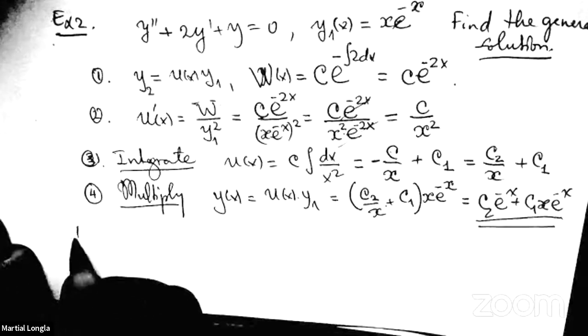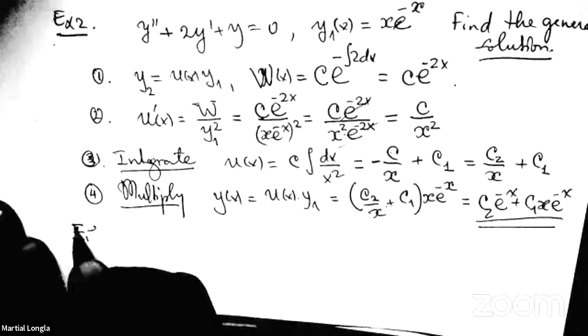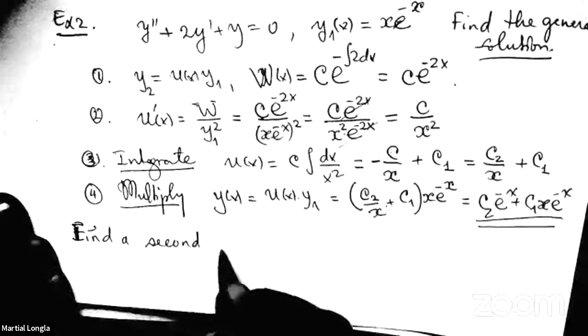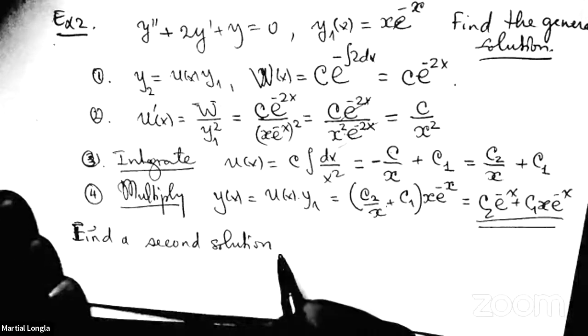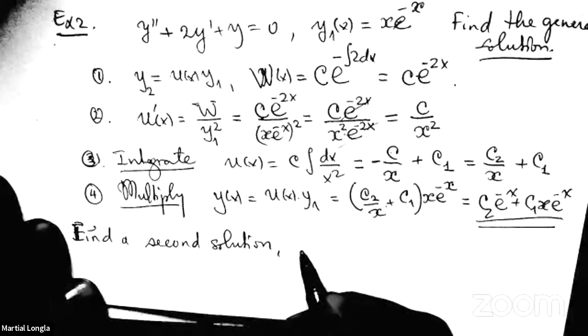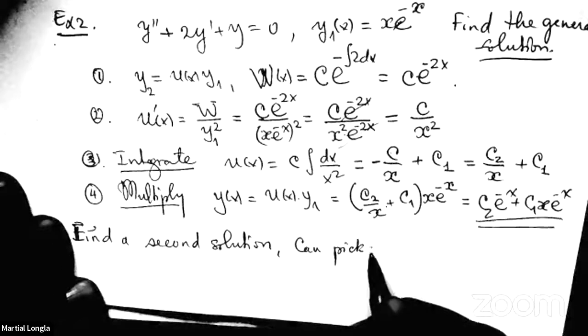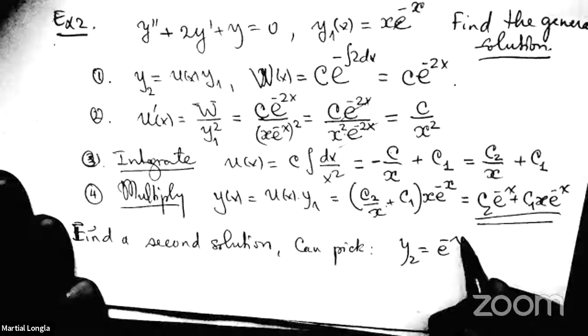So here, if the problem was find a second solution, we would say you could pick y2 equals e to minus x.